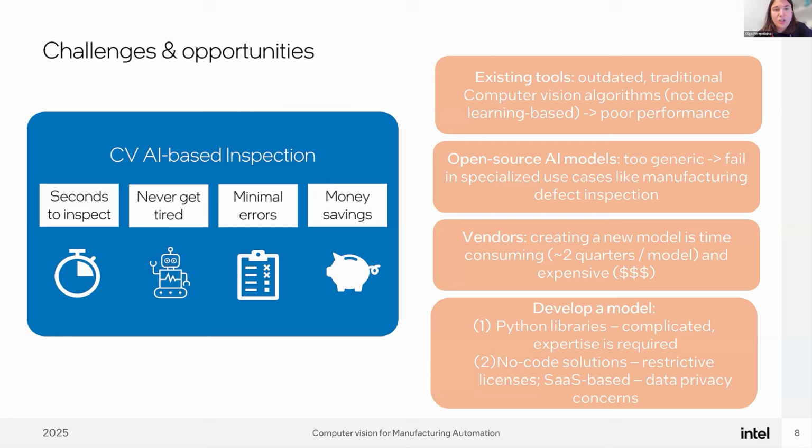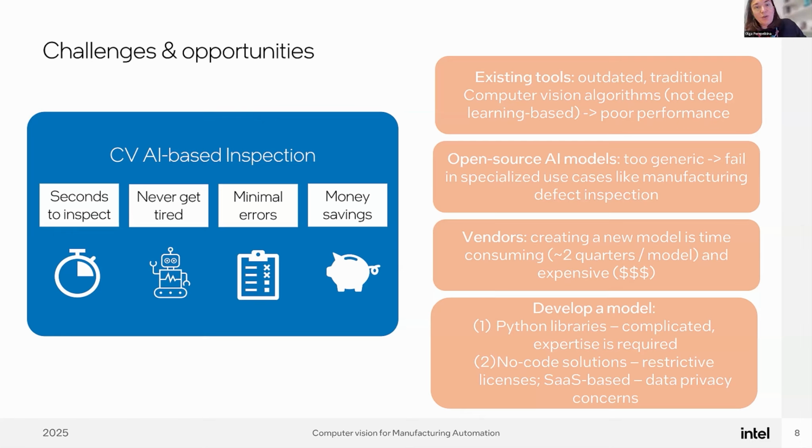But what our customers shared with us is that these existing tools are usually quite old, because updating the entire factory is very expensive. That's why once you build the factory, you will use it for many, many years. And many of those tools usually use traditional computer vision algorithms, not deep learning or machine learning based algorithms. That's why you cannot update the model, you cannot fine tune the model. And of course, in a real-world production environment, they show very poor performance.